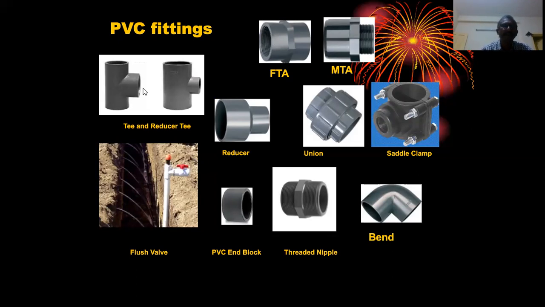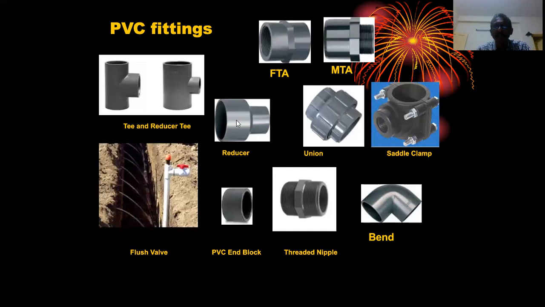This is a T. The use of T is obvious when one wants to divide a flow into two branches. This is an equal T, where the diameter is the same on all sides, and this is a reducer T. This is a main pipe, and if you take a smaller takeoff, then one can have a smaller section. So in different sizes, these kinds of fittings are available.